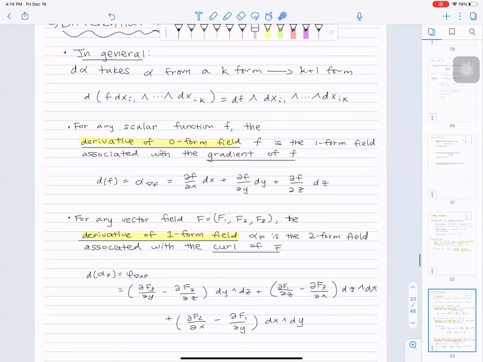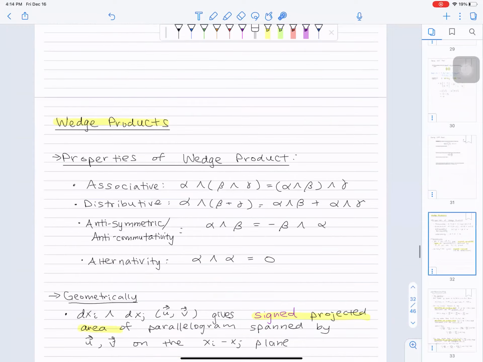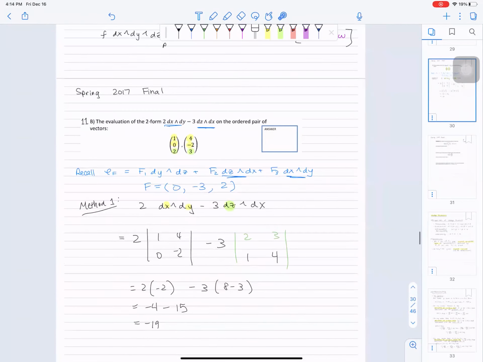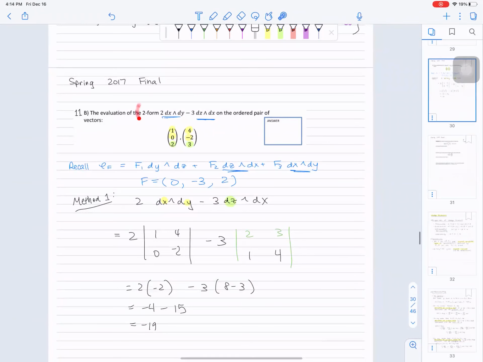Is it like flux over a boundary? Not necessarily. This two form eating a vector is not really computing flux.